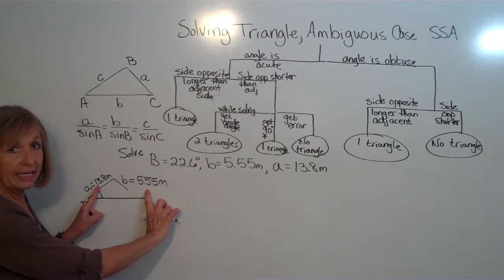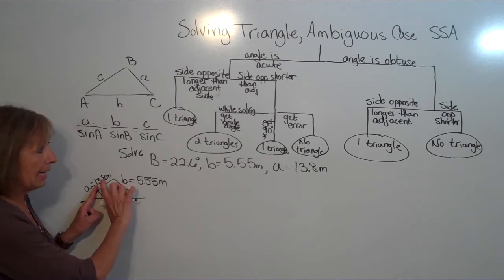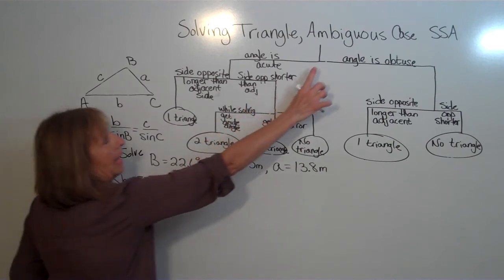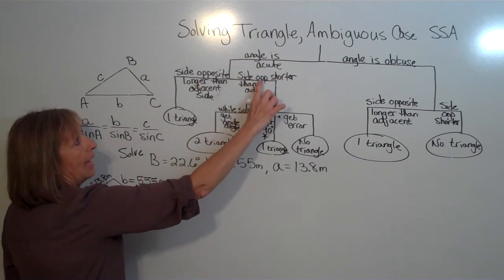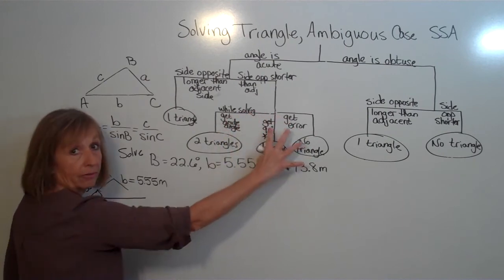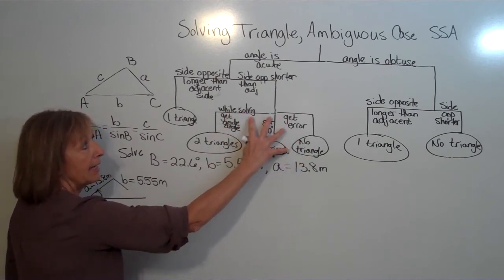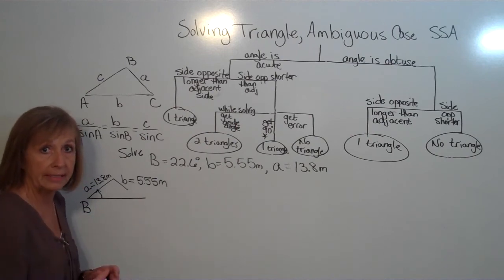The side adjacent to angle B is 13.8 meters. 5.55 is a smaller number than 13.8. So I'm at this stage where my angle is acute and the side opposite is shorter than the side adjacent, so I'm down in here. So I know right now that this is a situation where I have to be really careful with my work and see what I get.